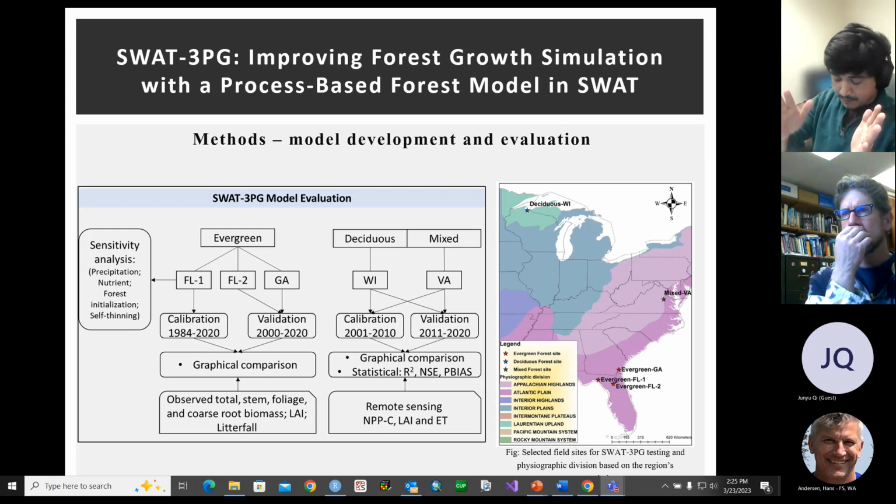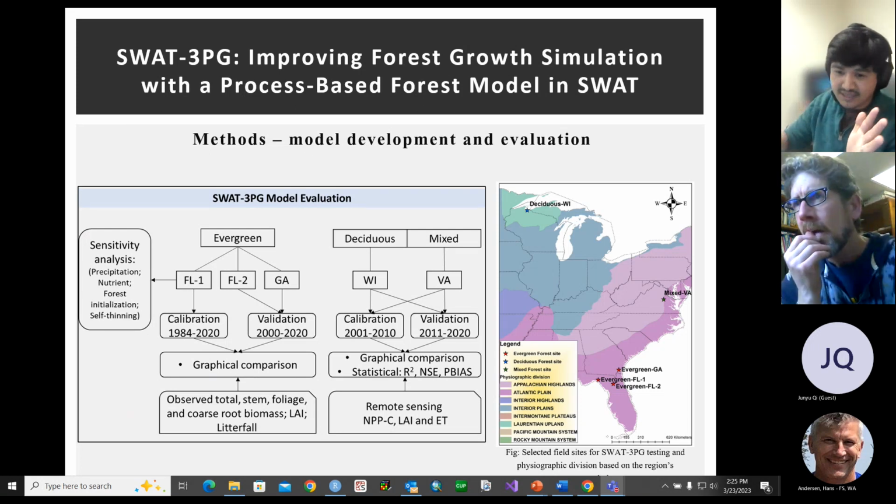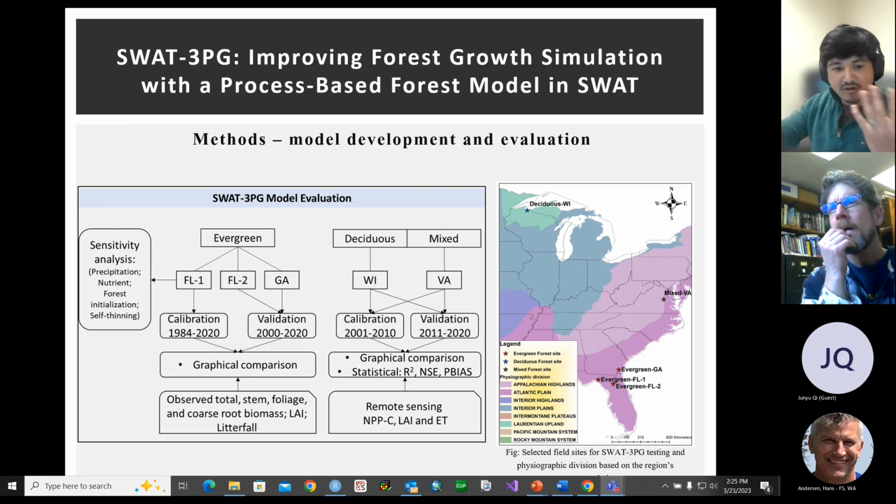Again, for the simulation period, because we had only one site, we divided the time period into calibration and validation. After constraining the model, we still simulated the different biomass components for deciduous and mixed forest systems to make sure it made sense, right? So that is the general approach.